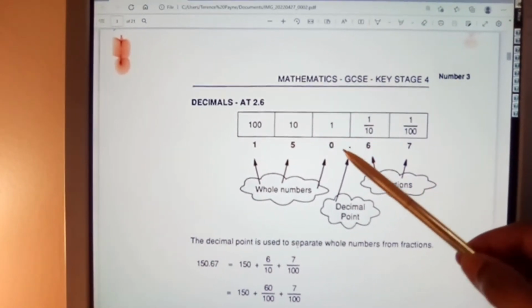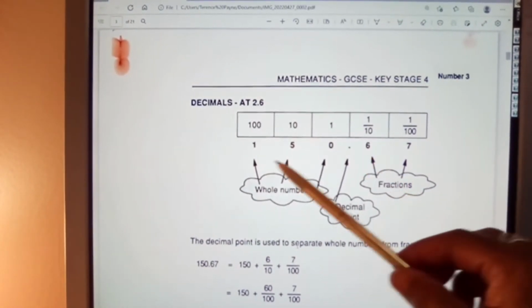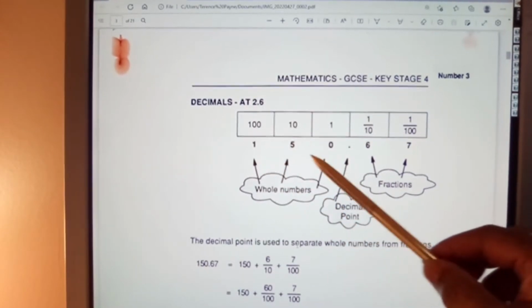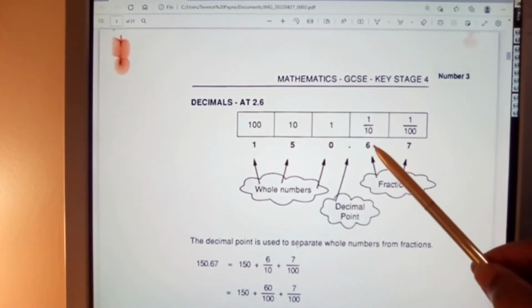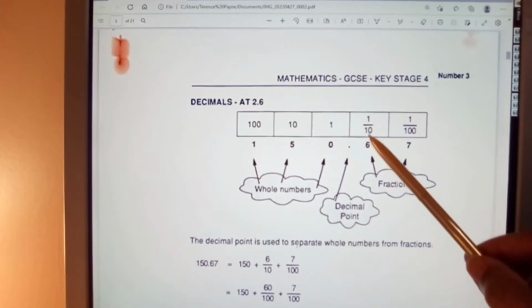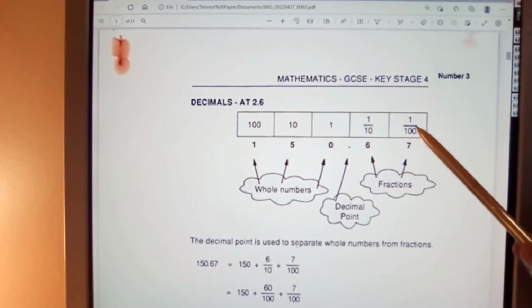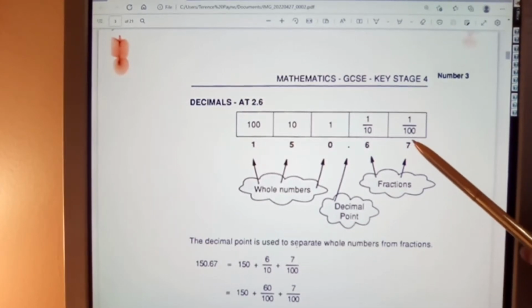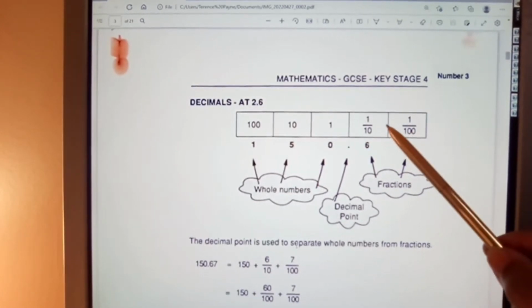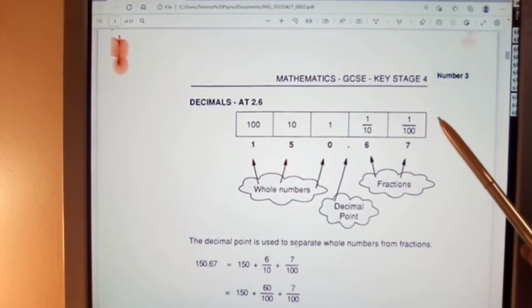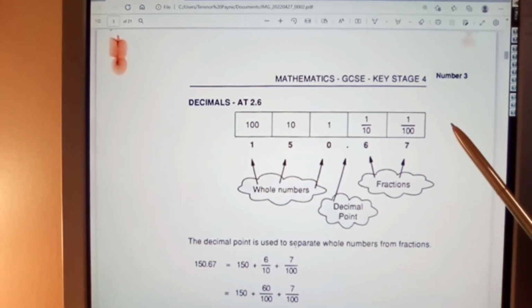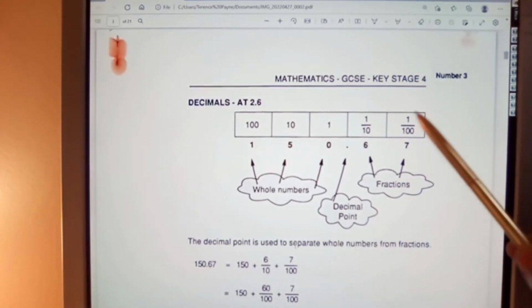We have a value of 150.67, but here we're showing that this is just 6/10, and this here is 7/100ths. If we went on further, we'd be looking at 1 over 1,000, etc. As we move right, the numbers get smaller.